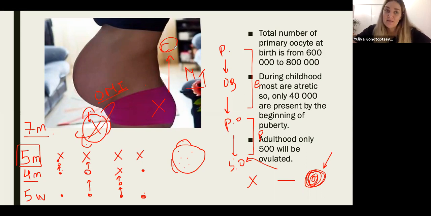The problem is that if this OMI is present, primary oocyte is arrested in the first phase of meiosis 1. The first phase is called prophase. OMI arrests primary oocyte in prophase. It doesn't allow it to become secondary oocyte.